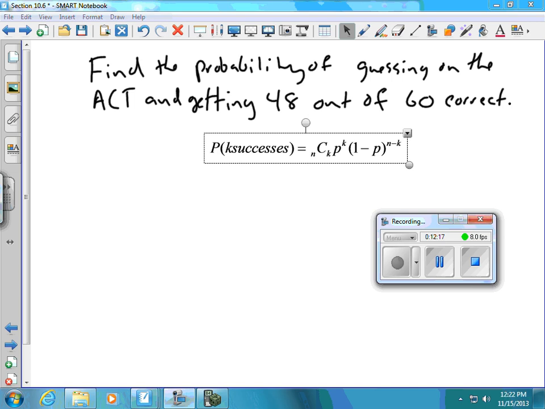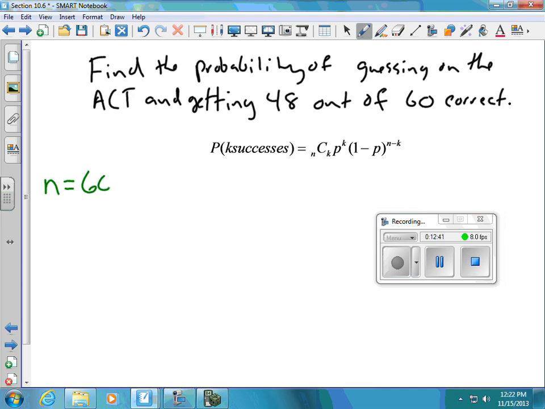Okay, last one. This one is a little bit more fun. The ACT is getting closer here, or may have happened already, depending on if you took it already. But let's say on the ACT you said, hey, it's multiple choice, I don't guess, I can get 48 out of 60 correct on the ACT. Well, let's see just what the likelihood of that happening is. We have n equals 60 distinct trials.